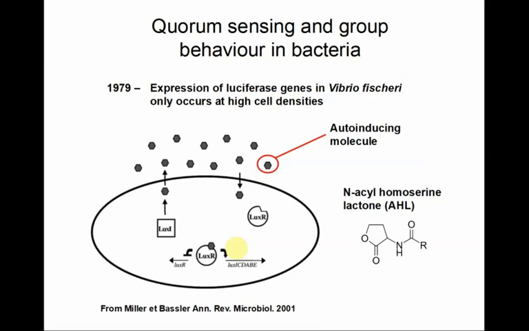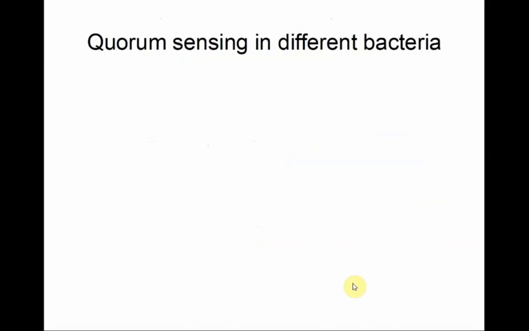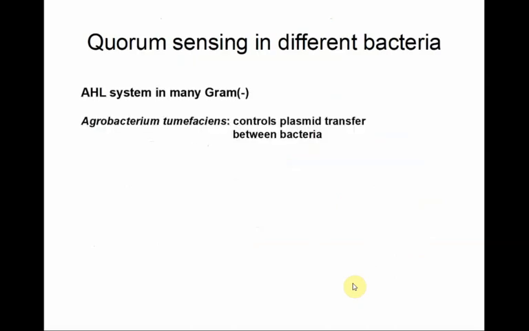So many gram negatives use a very similar system for quorum sensing. Very frequent in gram negative bacteria. So in Agrobacterium tumefaciens, this determines when bacteria will start exchanging plasmids, because they detect that there are a lot of them nearby, so they can start producing type 4 conjugation pili, because they have a chance of attaching to another bacterium.